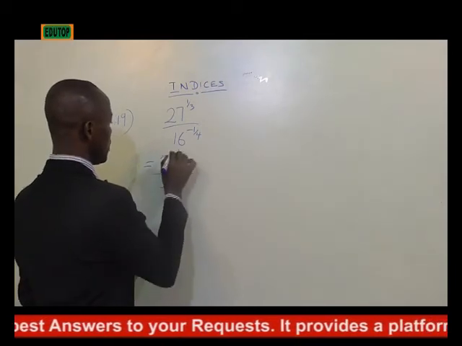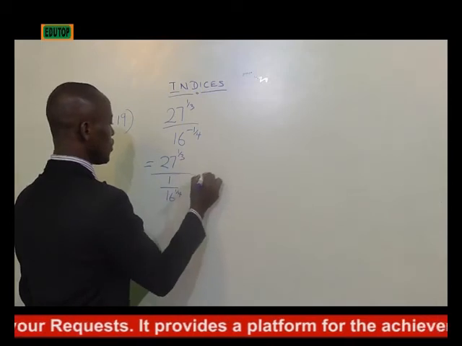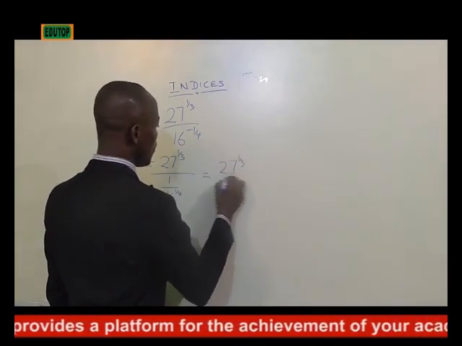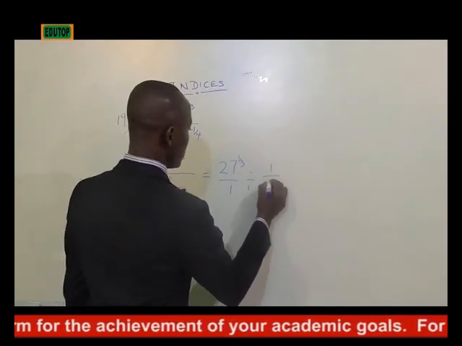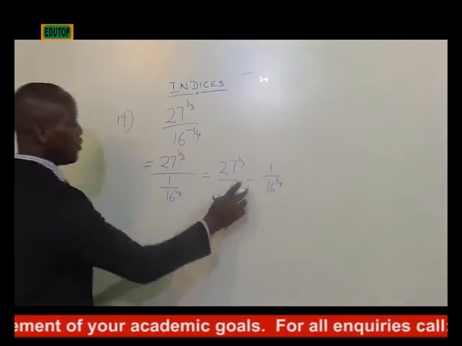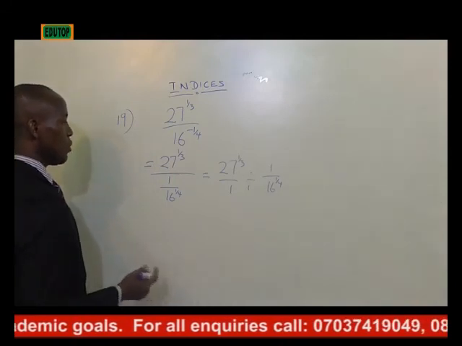Mind you, this is the numerator, this is 1 over 4, which is equal to 27 raised to 1 over 3 all over 1 divided by 1 all over 16 and 1 over 4. By the time we change this sign to multiplication, our denominator will become numerator.